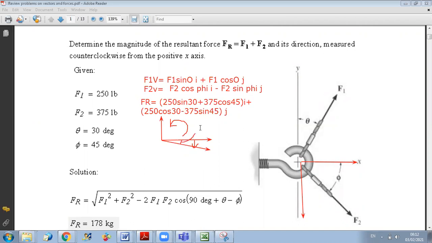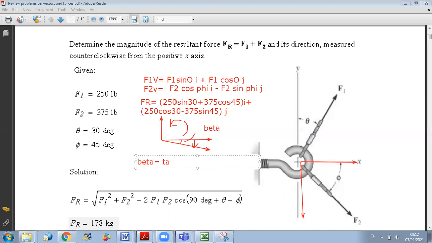So to find angle beta, what can we do? We just say tangent inverse of y over x. If you want, you can keep it as it is because it will give you directly a negative result.